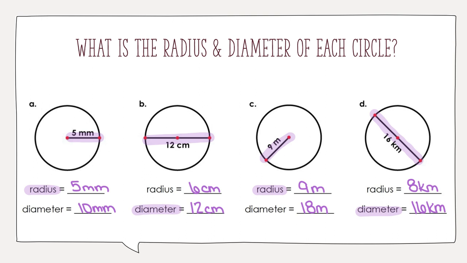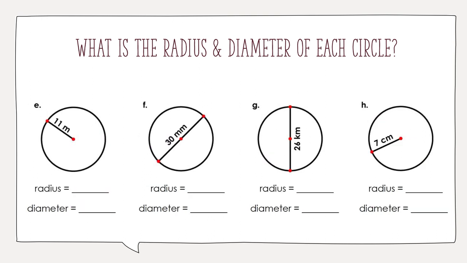All right, time to go over the answers. All right, we'll start with E. I want the radius and the diameter, please. Cameron, E. The radius is 11 meters and the diameter is 22 meters. Very good. 11 meters and 22 meters. Okay, F. Clara. The radius is 15 millimeters and the diameter is 30 millimeters.